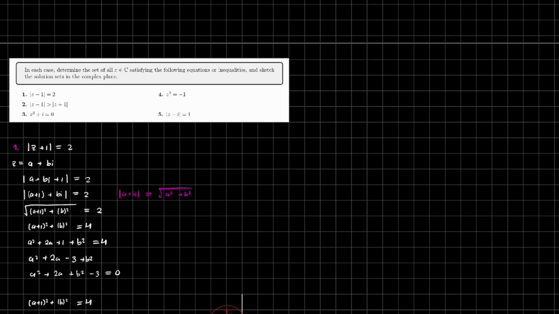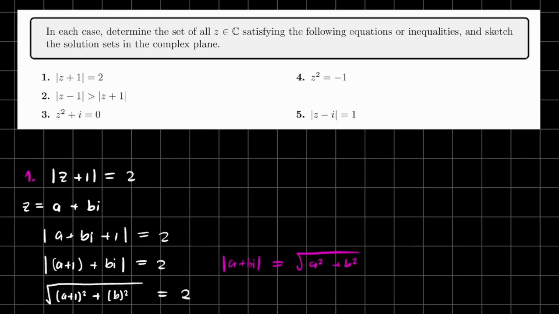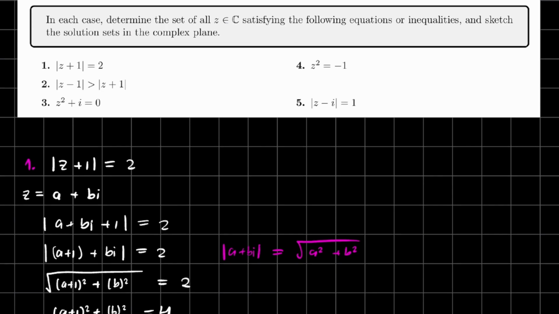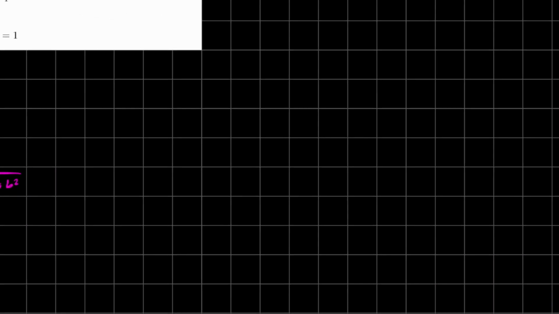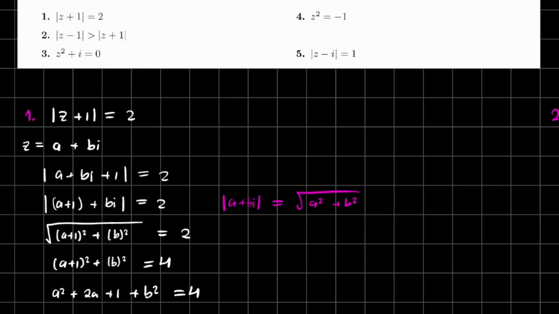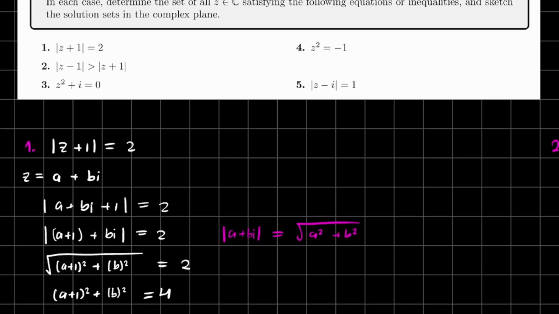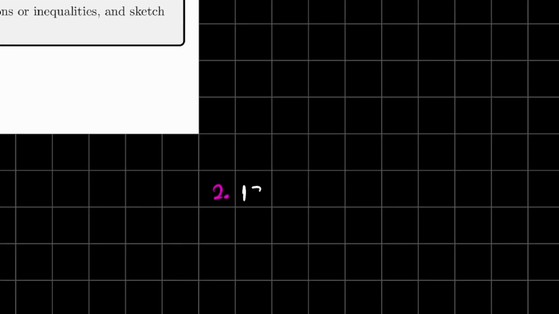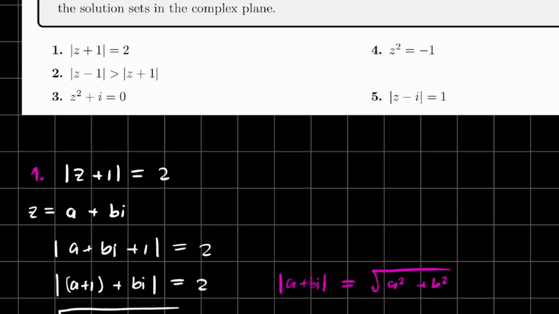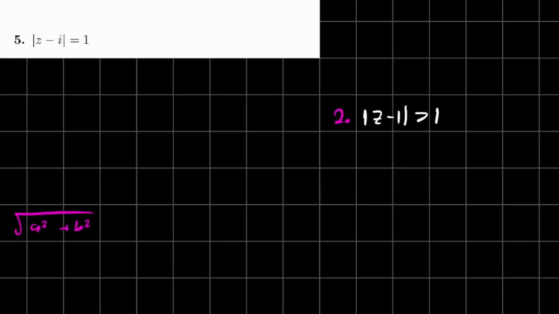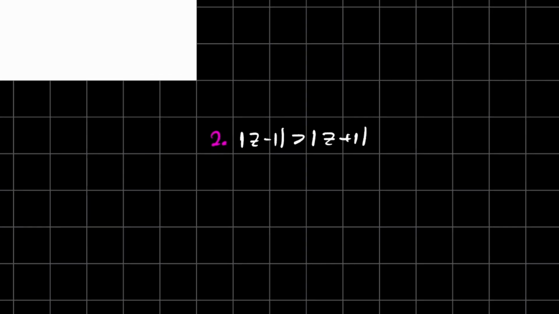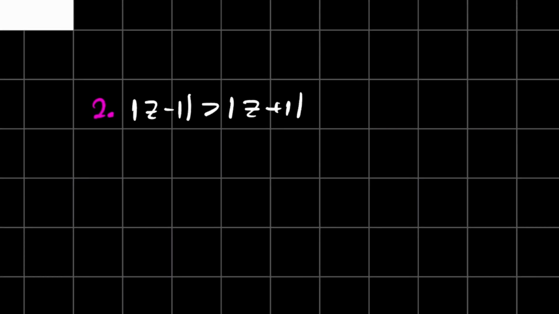If you guys want to do an exercise, let's try an inequality in this case. Let's try to do 2, right? The modulus of z minus 1 is less than the modulus of z plus 1. Great. So we do the same thing: a plus bi minus 1 and a plus bi plus 1.